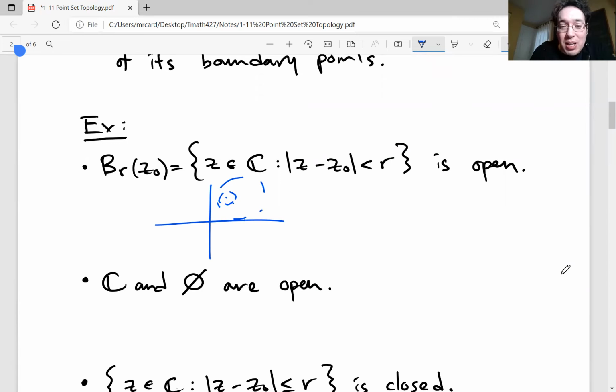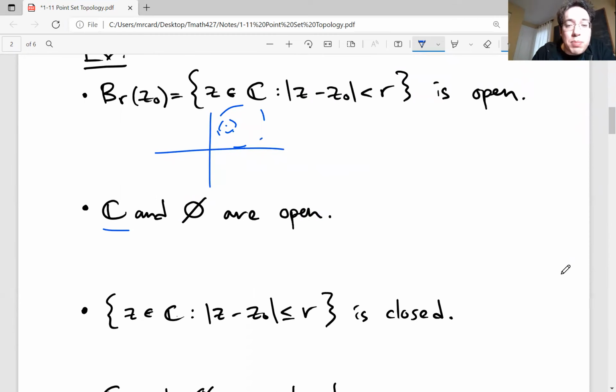So the ball is always open. Notice that this wouldn't be true if it was less than or equal to. If you included the edge, it will not be an interior point. So it's the less than symbol instead of less than or equal to that is important here.